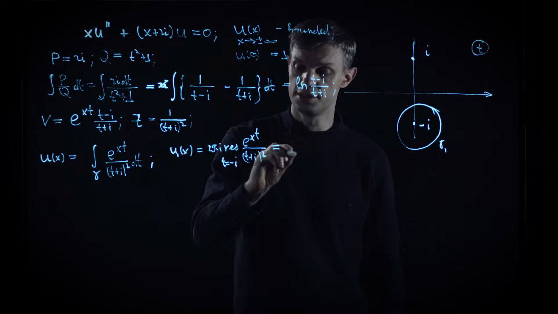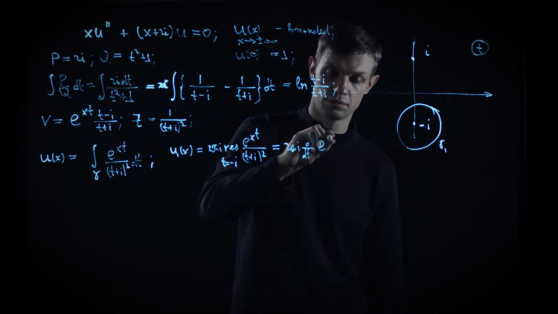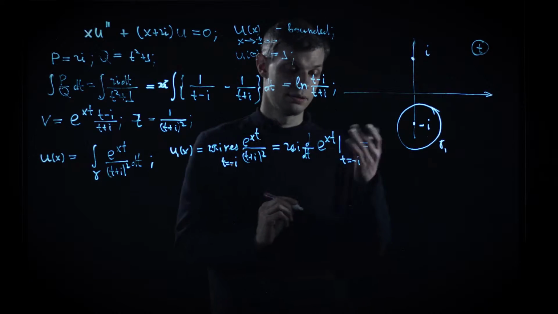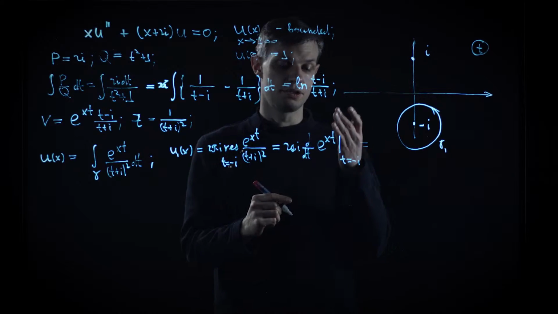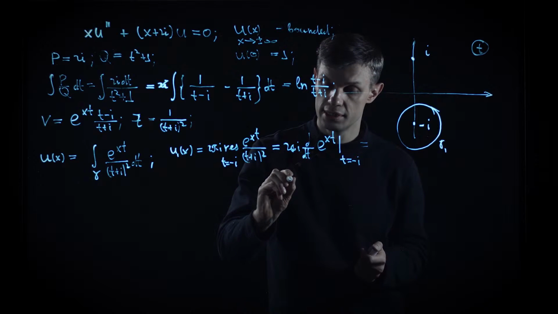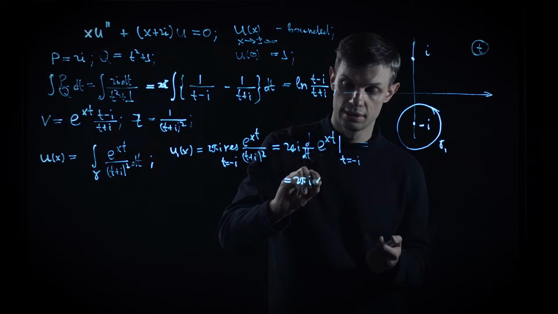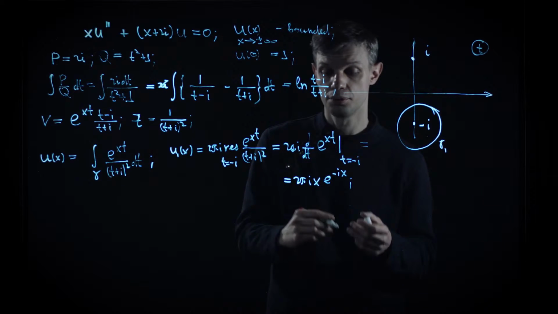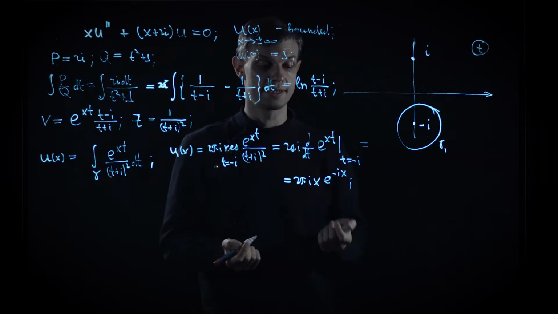The residue is trivial to compute, and we arrive at the simple result. So perform one differentiation, which gives us the prefactor x, and finally we obtain 2 pi i x times e to the minus i x.